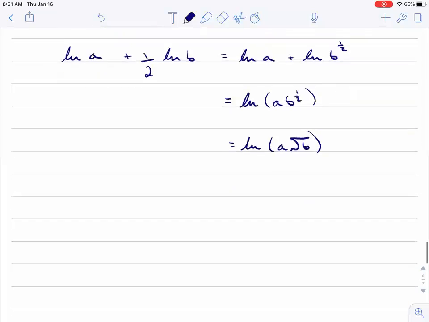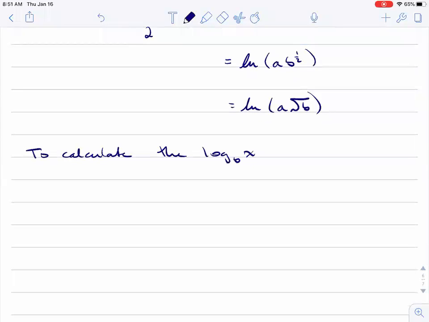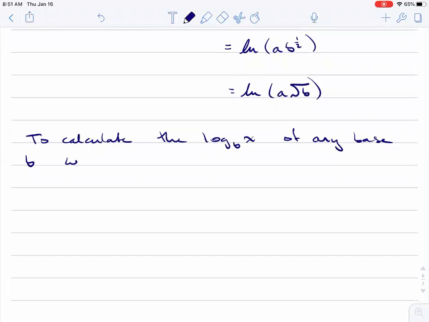And so to calculate the log base b of x, of any base b, we can use the change of base formula.